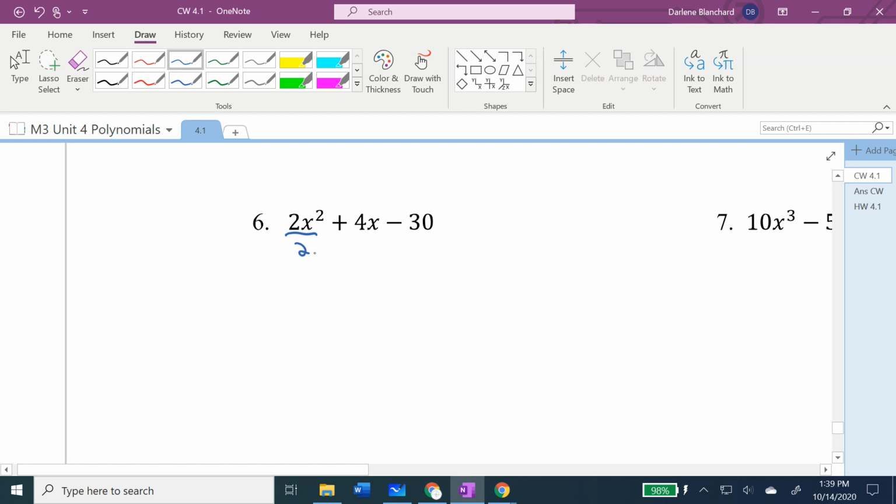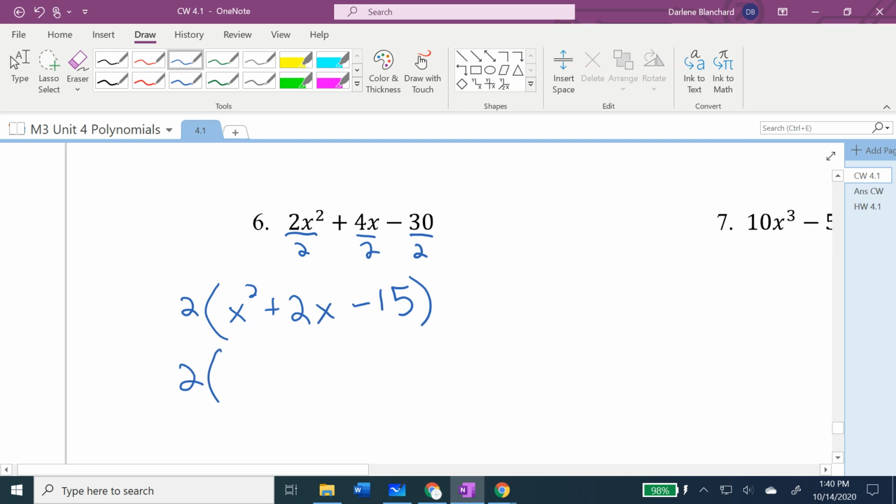I can divide by 2 and have something that is nicer to factor than what it first looked like. 5 minutes left. So 2x squared divided by 2, 4x divided by 2, and 30 divided by 2.